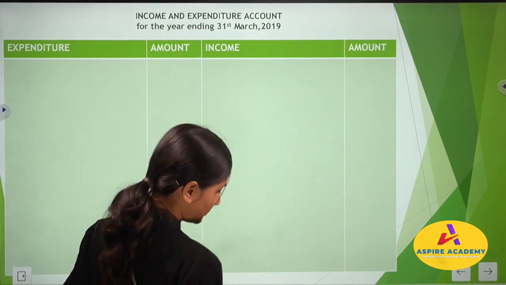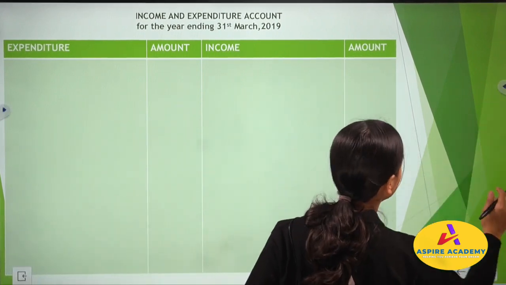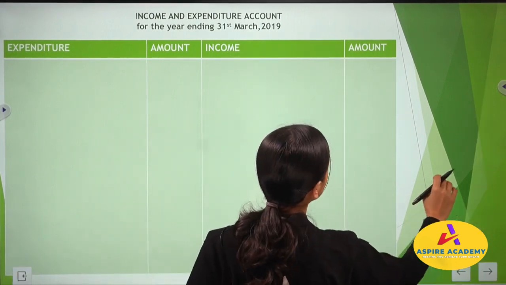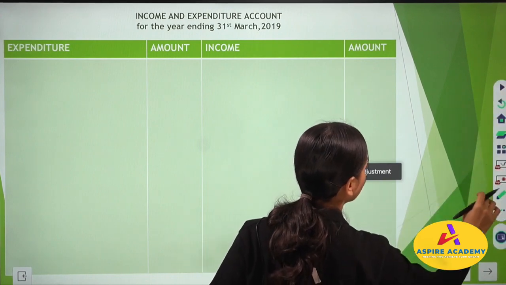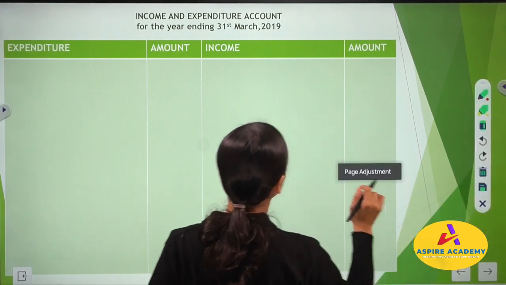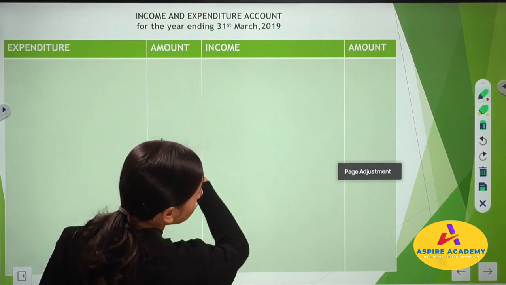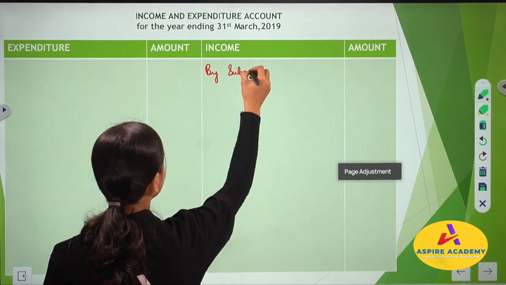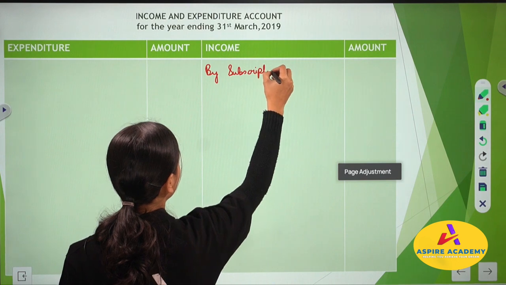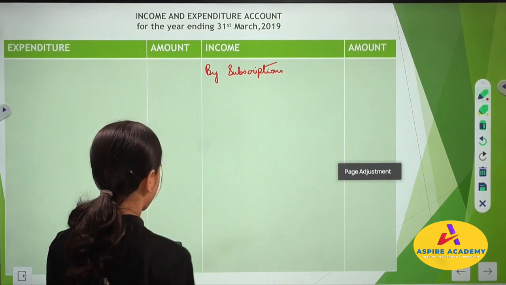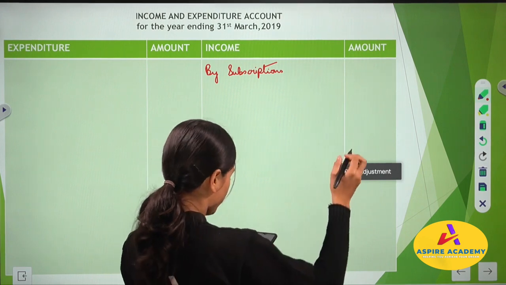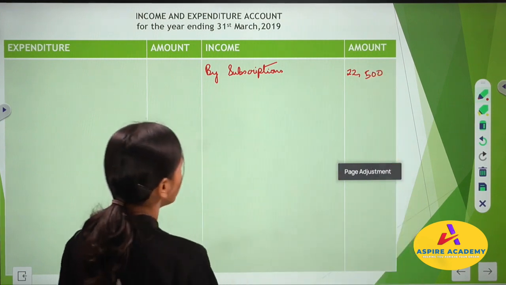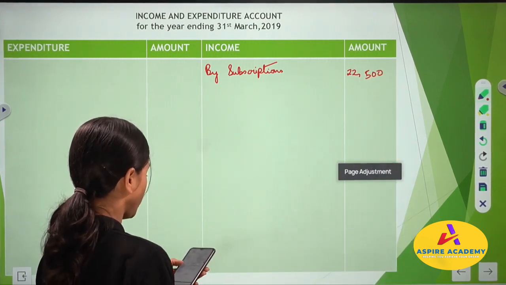So we will write it as by subscriptions. The amount was 22,500.